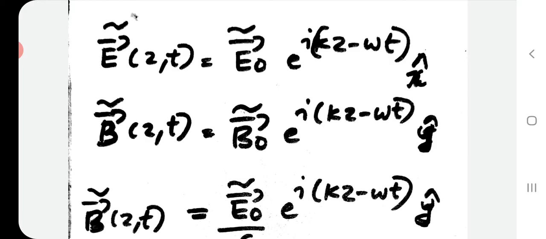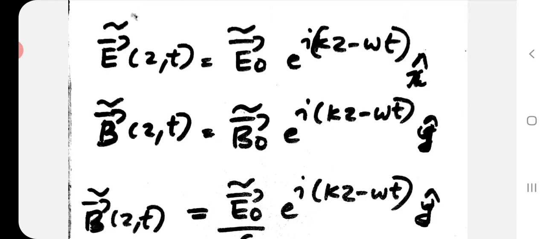And the magnetic field, we saw, is in the y direction. So the complex magnetic field B of z, t is equal to B0 exponential i(kz minus omega t) y.